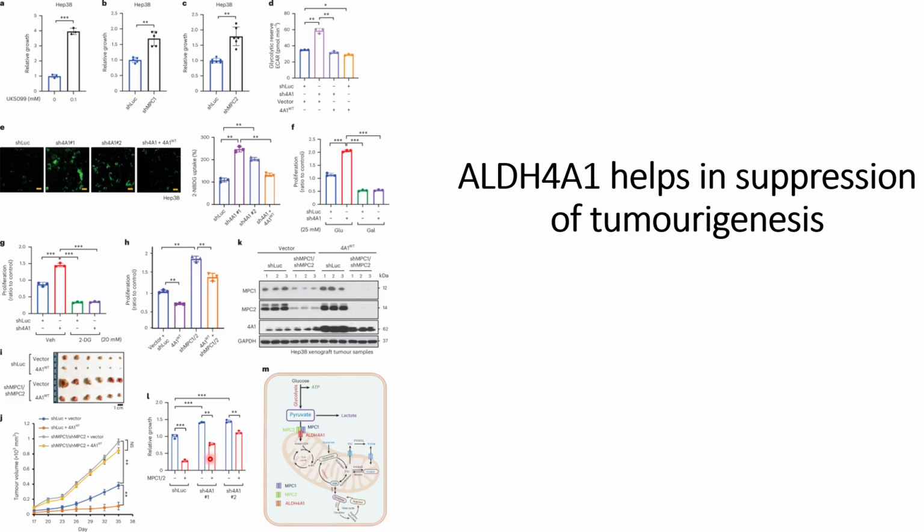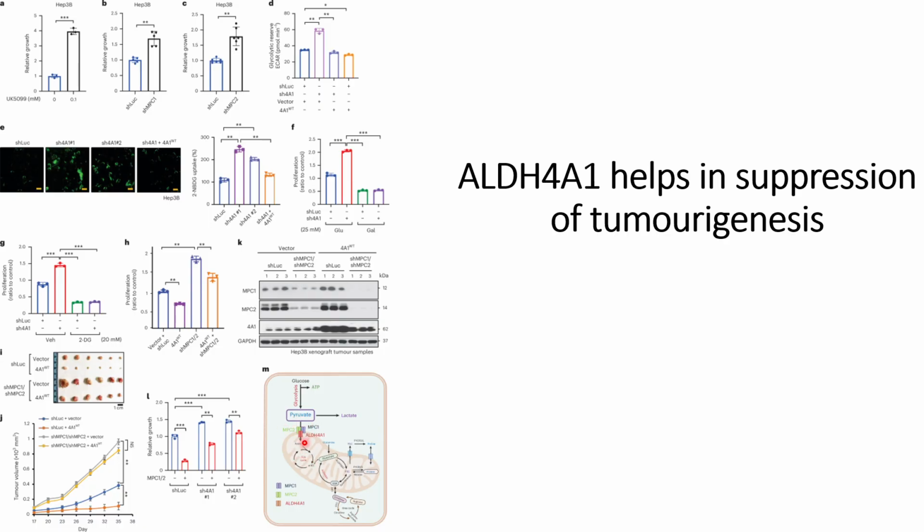So finally what they were able to find out is that glucose through the glycolytic pathway is converted into pyruvate, and thereafter the pyruvate is utilized by MPC1, MPC2 and ALDH4A1 in the mitochondria in the TCA cycle.